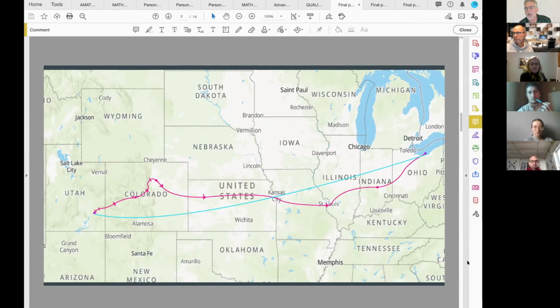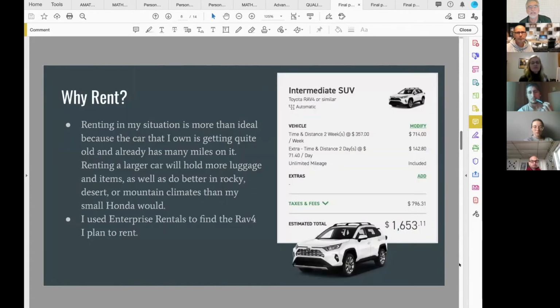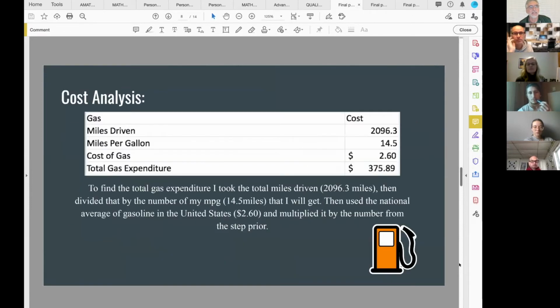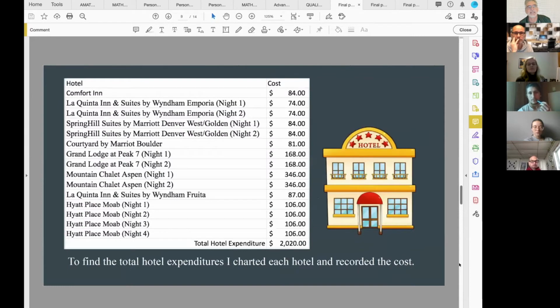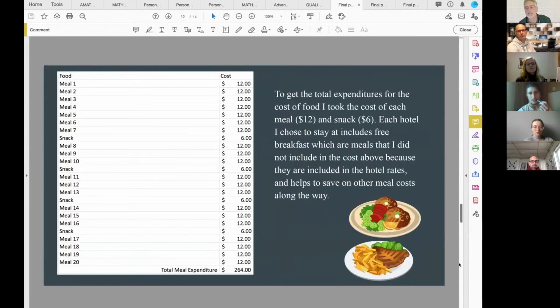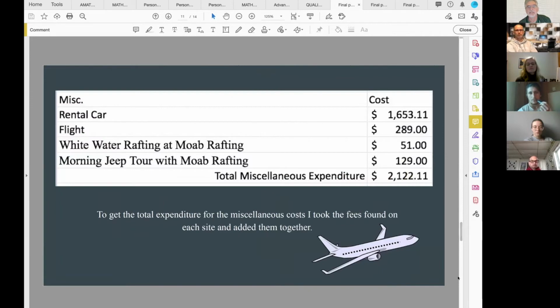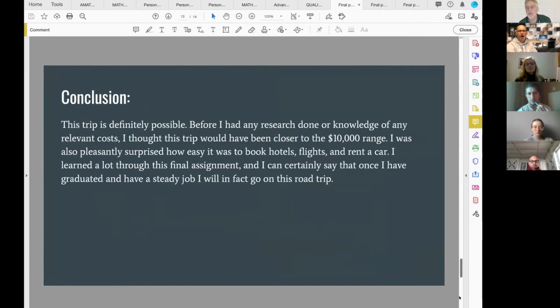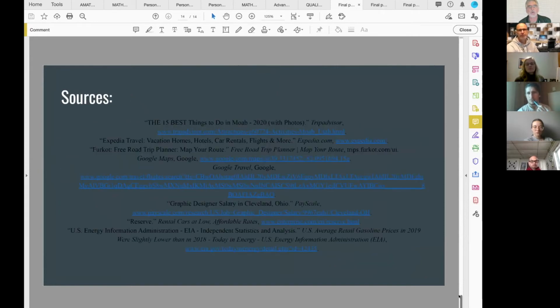And they described all of that and how they chose their rental car, how they flew back, the cost analysis for gasoline, the cost analysis for lodging, the cost analysis for food, and the overall expenses. So this was an individual final report, and this was what the presentation looked like.